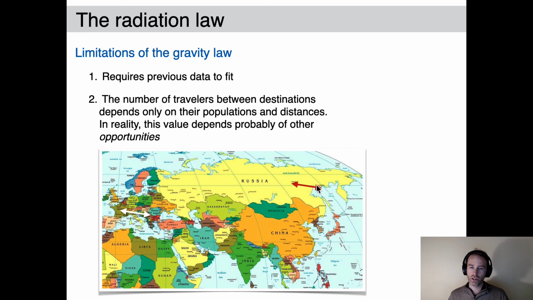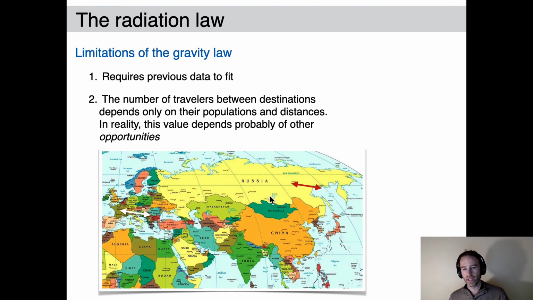According to your gravity model, what the model predicts is that you will have the same strength of interactions. So, for instance, if you're studying phone calls, you predict that you will have the same number of phone calls between these two cities and these two cities.